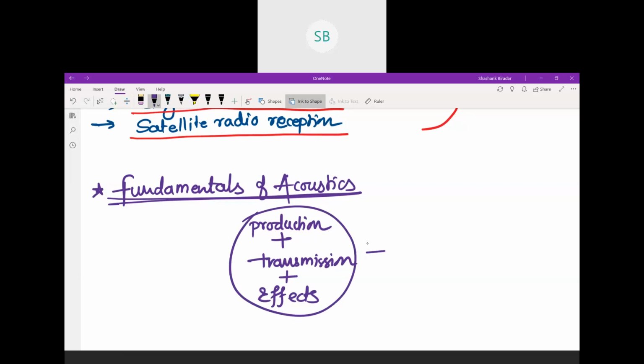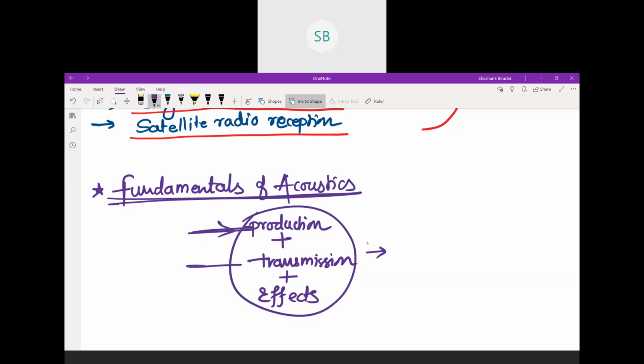Biological and psychological effects. Okay, so basically if you want to arrange or produce a concert, at that time there is the production of sound by means of various sources, then the transmission of that sound.